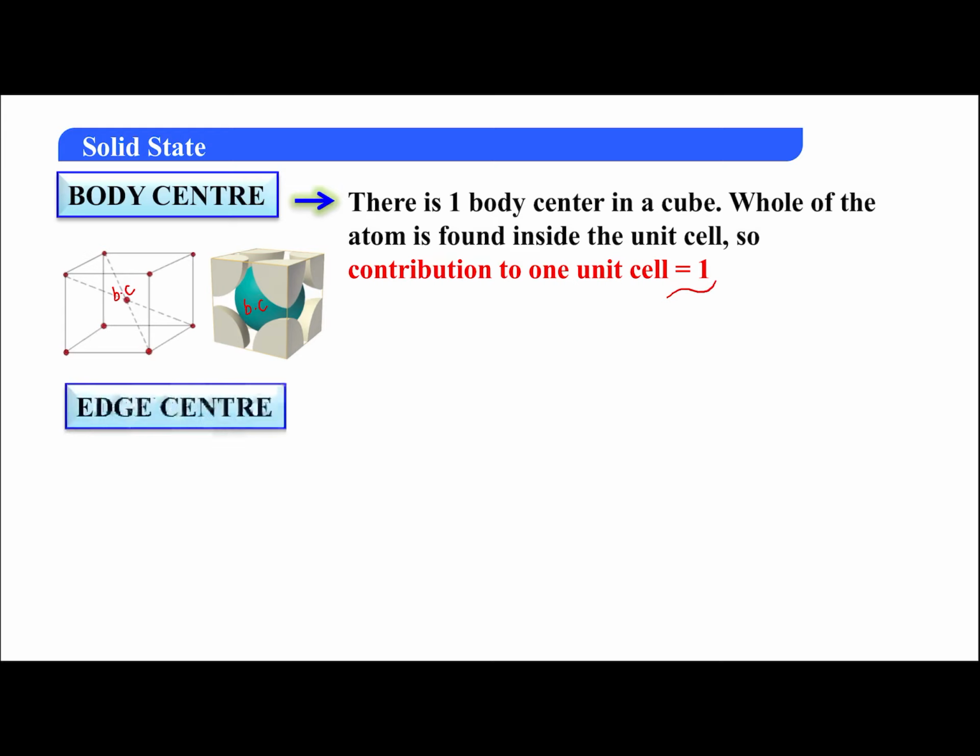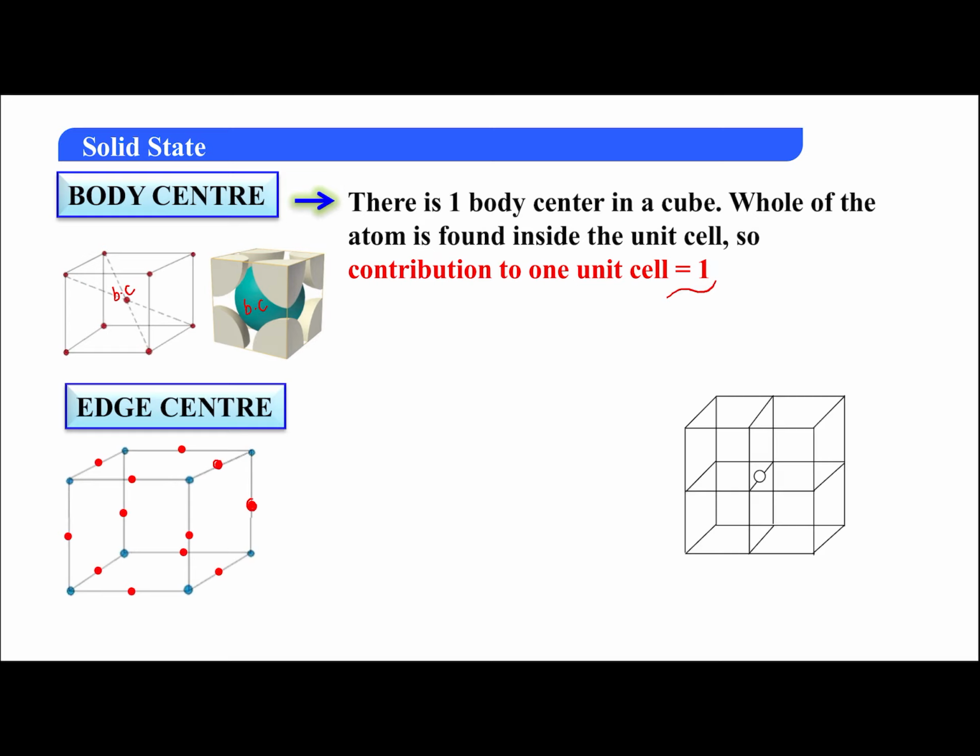Coming to the next, edge center. If you see the edge centers, which are shown by red dots, you are able to see an edge center has been shown here. It is present in this unit cell, this unit cell, this unit cell, and this unit cell. So, the edge center is present in 4 unit cells.